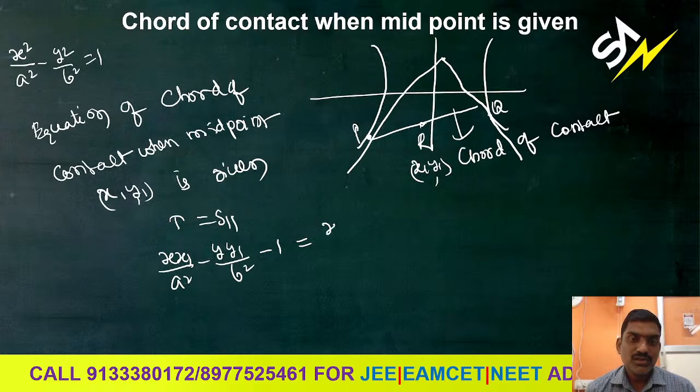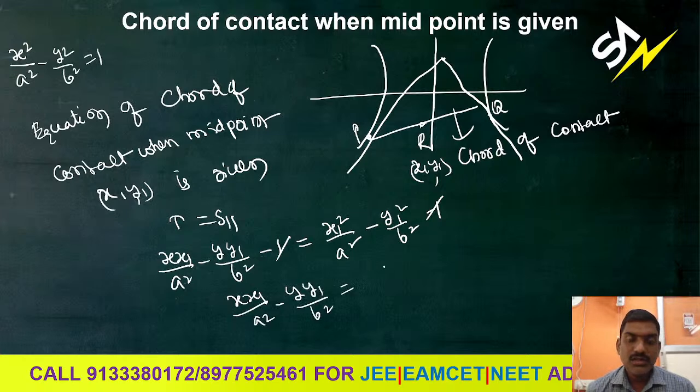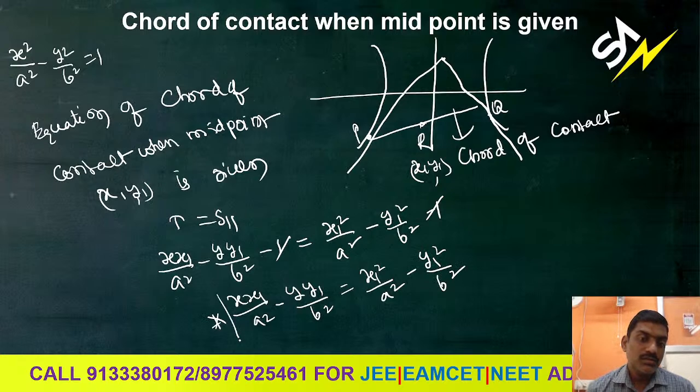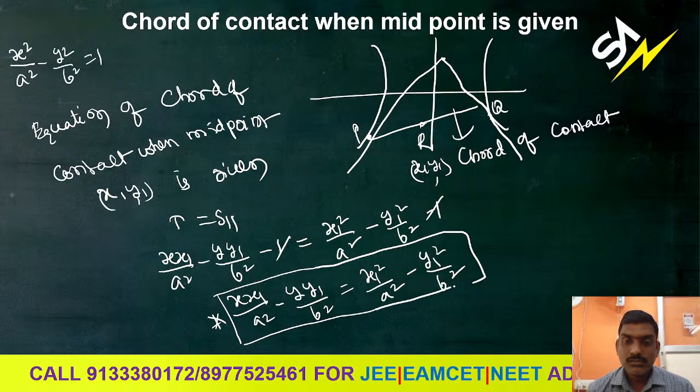What is s11? x1 squared by a square minus y1 squared by b square minus 1. Minus 1 gets cancelled. So x1 by a square minus y1 by b square is equal to x1 square by a square minus y1 square by b square. This is the equation of the chord when the midpoint is given. Right? Next.